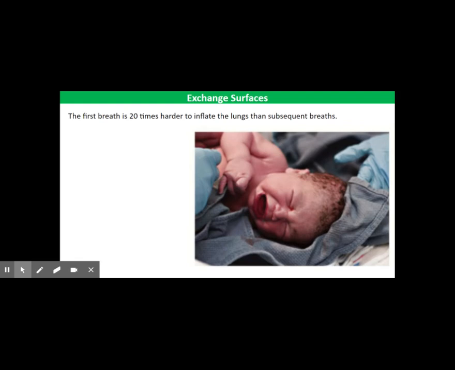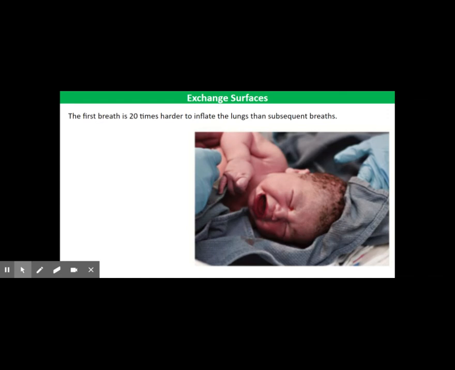So there are special chemicals inside the lungs called lung surfactants that stop the alveoli collapsing, and they stop the surfaces from sticking together. And those lung surfactants make subsequent breaths easier. So in the very first breath you take, your lungs are stretched enormously as the air flows in.